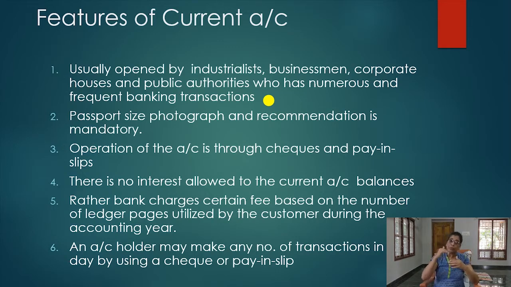To track the fault made by the customer, he needs to be recommended by a person known to the banker, especially one who has an account in the bank, plus two photographs.